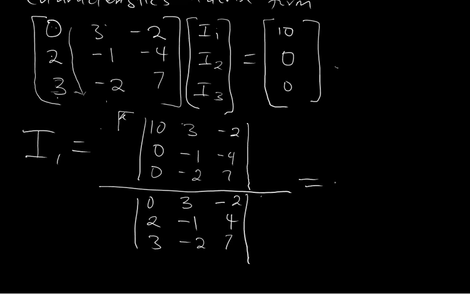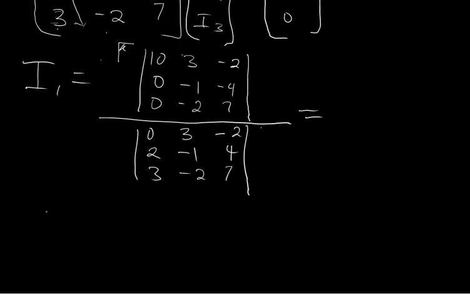I believe you know how to solve a 3 by 3 determinant. So let's solve it. We separate this 3 by 3 determinant into three 2 by 2 determinants, using the values of the first row.